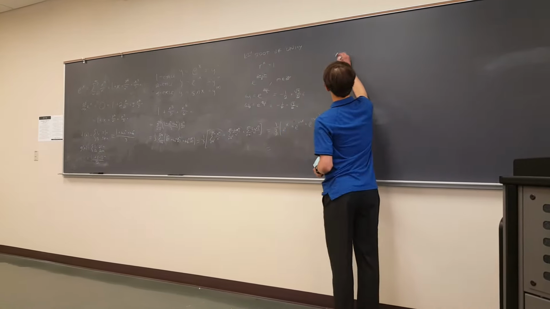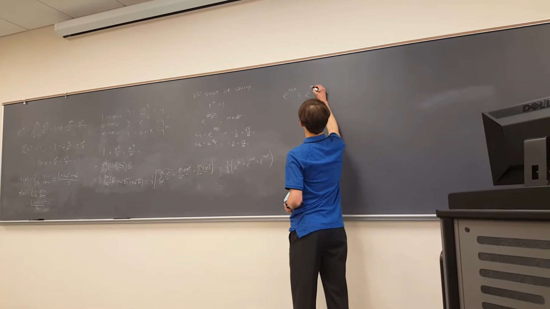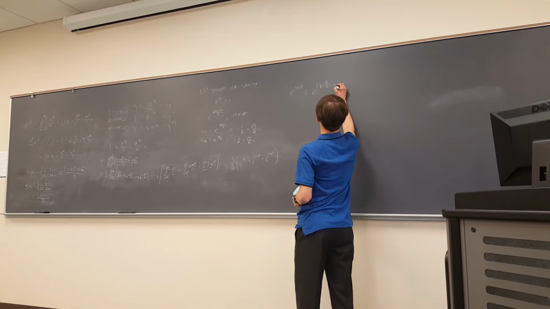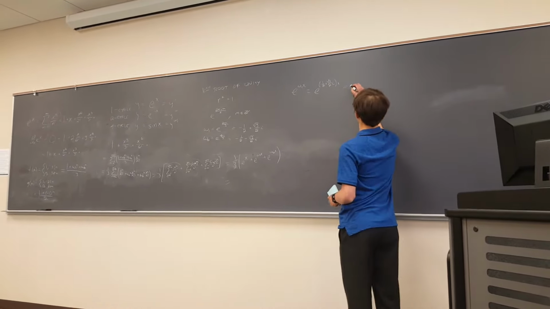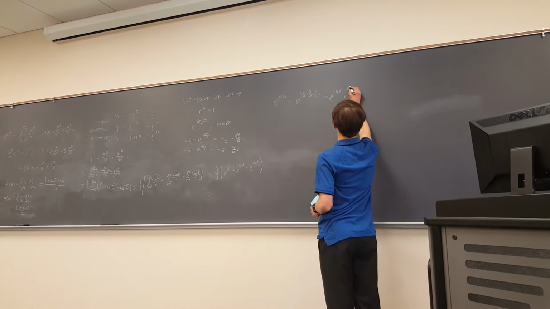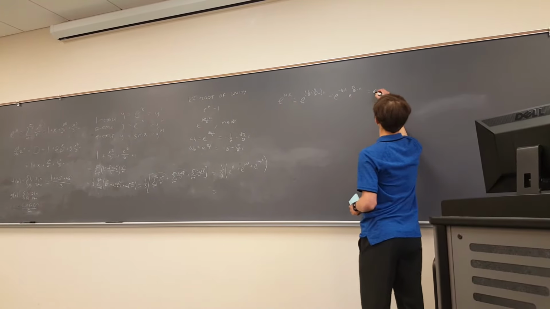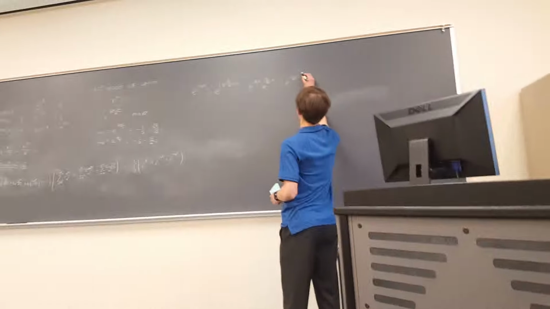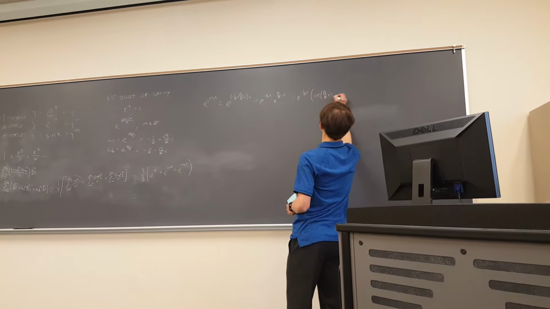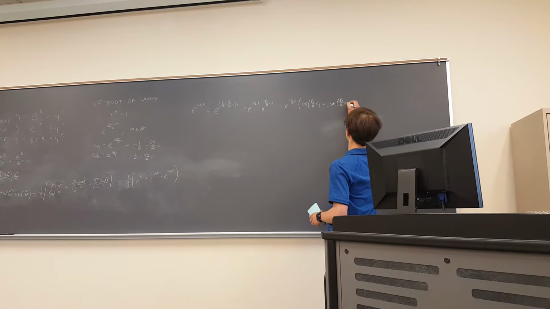So e to the omega 1 x equals e to the negative 1/2 plus radical 3 over 2 times x, which is e to the negative 1/2 x times e to the radical 3 over 2 x, which is e to the negative 1/2 x times cosine of radical 3 over 2 x plus i sine of radical 3 over 2 x.